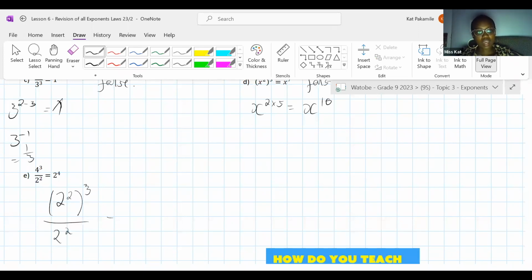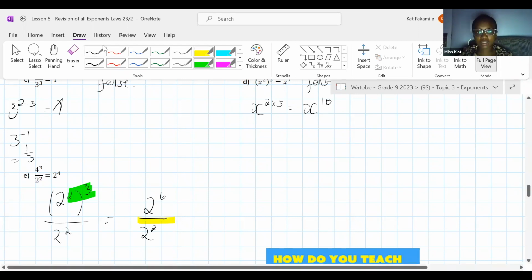Now we have power to a power. What do we do to these exponents? We times. Yes, we times, you were right. So it's 2 times 3, which equals 6. And then we still have our over 2 squared. Now, when we are dividing, what do we do to the exponents?